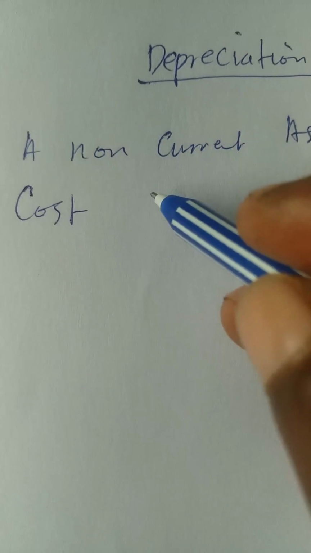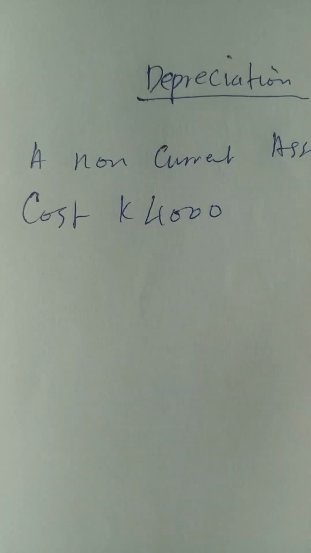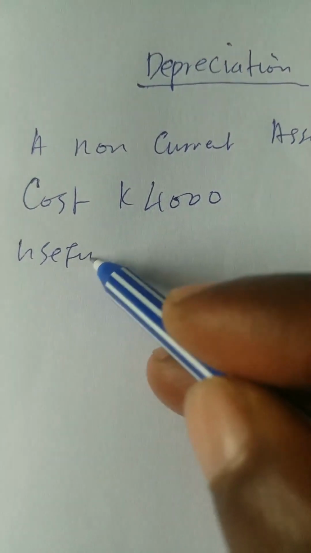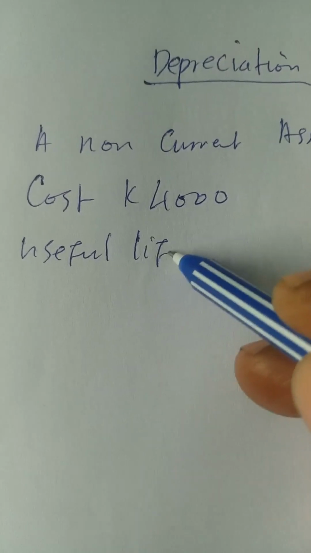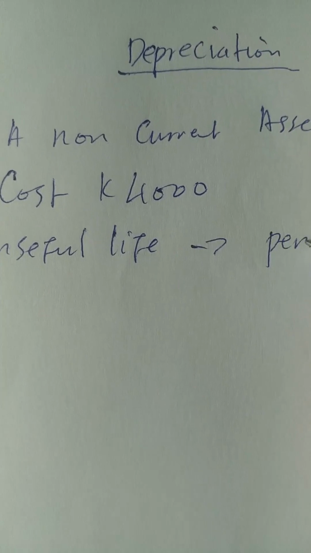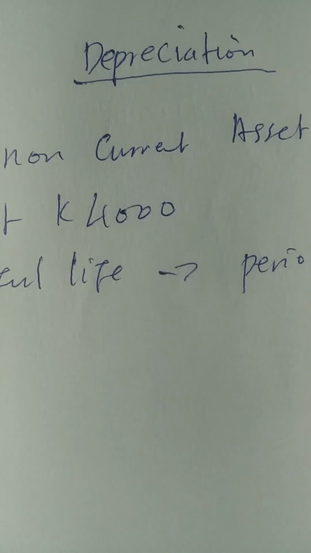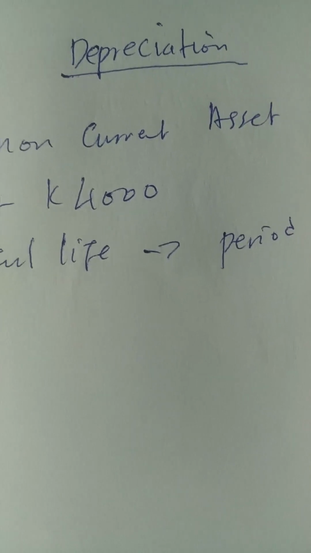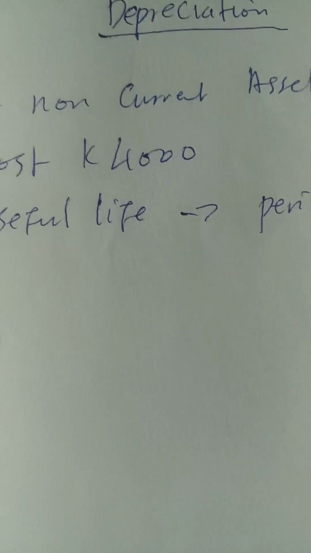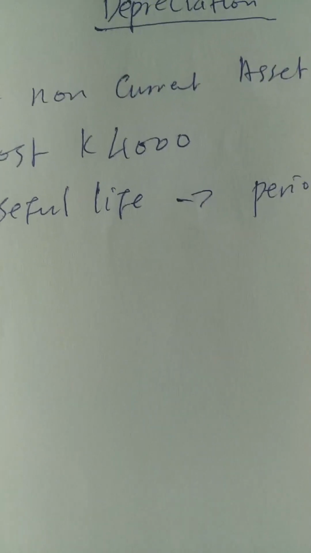Let's say you buy this at 4,000 kwacha. And then this has a useful life. Useful life is the period of how long you expect to use this non-current asset. Let's say you expect to use this for 4 years. That's a useful life.